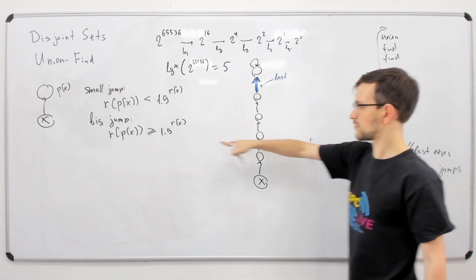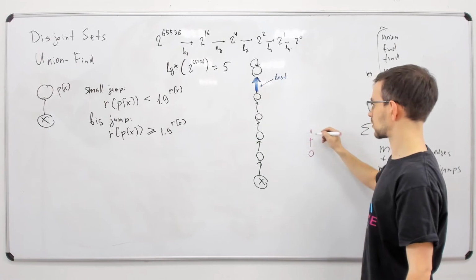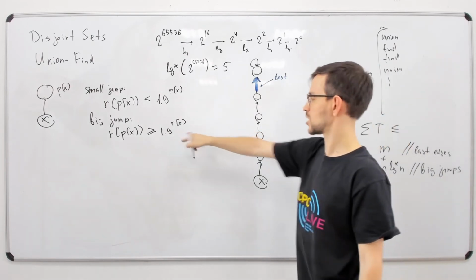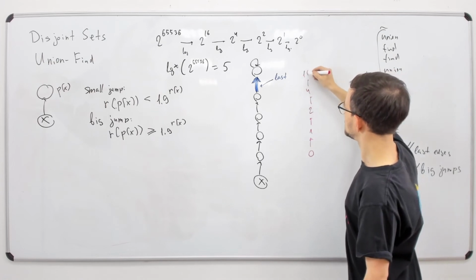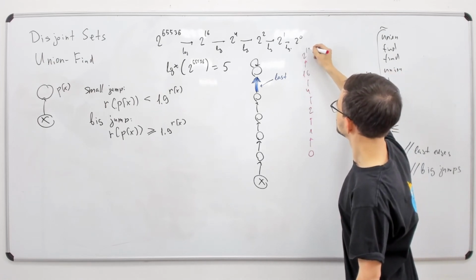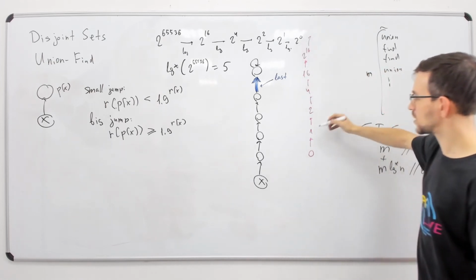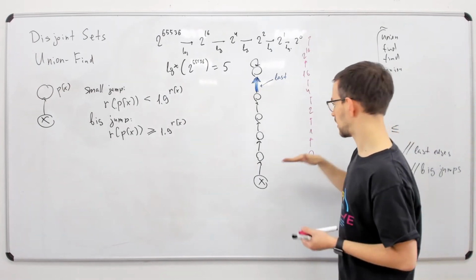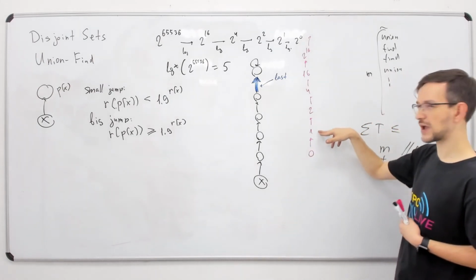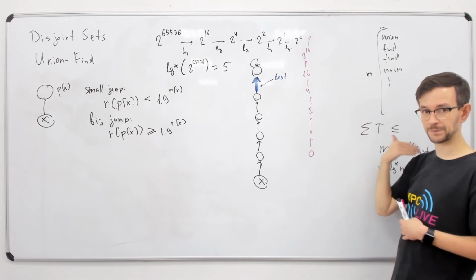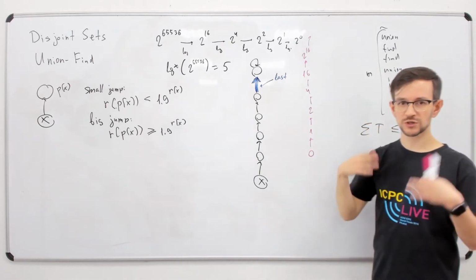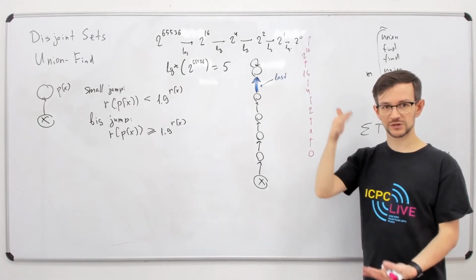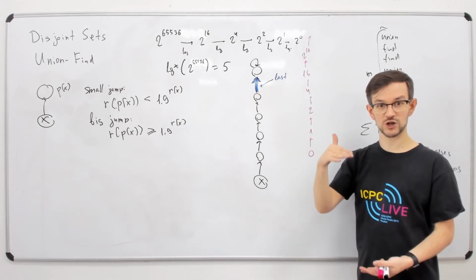Then with a big jump you go to rank 1, then to rank 2, then to rank 4, to rank 16, to rank 2 to the power of 16, and so on. So each big jump moves you from rank x to rank 2 to the power of x. So you may make at most an iterated logarithm number of jumps.